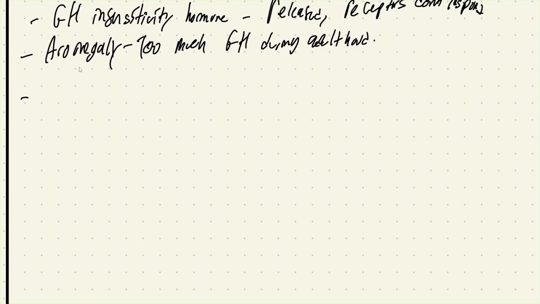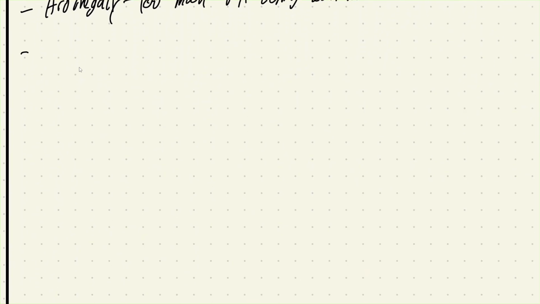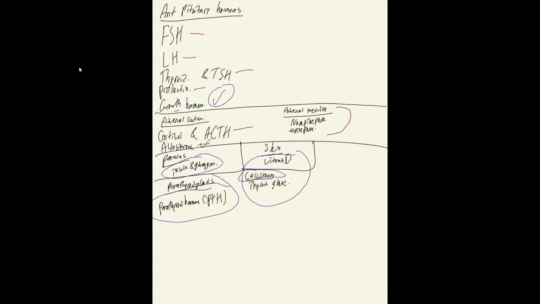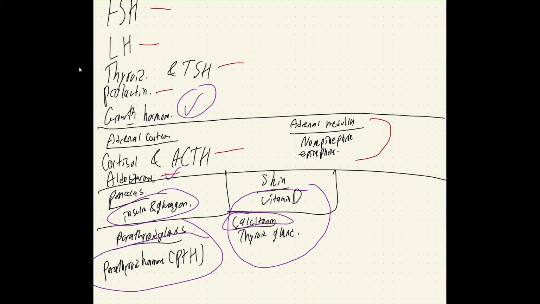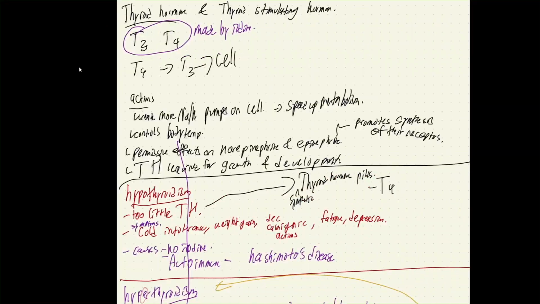Calcium. So, before we talk about the parathyroid and the calcitonin and vitamin D, right? So, growth hormone, yes. All we're missing is vitamin D, calcitonin, and parathyroid hormone.